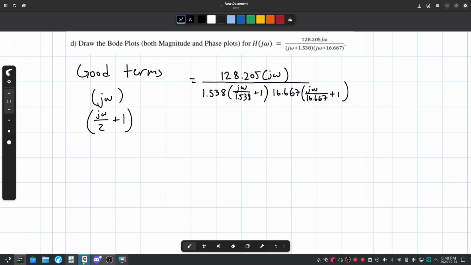And we can simplify this further. So that's going to be 128.205 over 1.538 times 16.667. Our constant is going to be 5. 5 jω over all of this fun stuff. jω over, you know what, screw this, 1.5 plus 1.